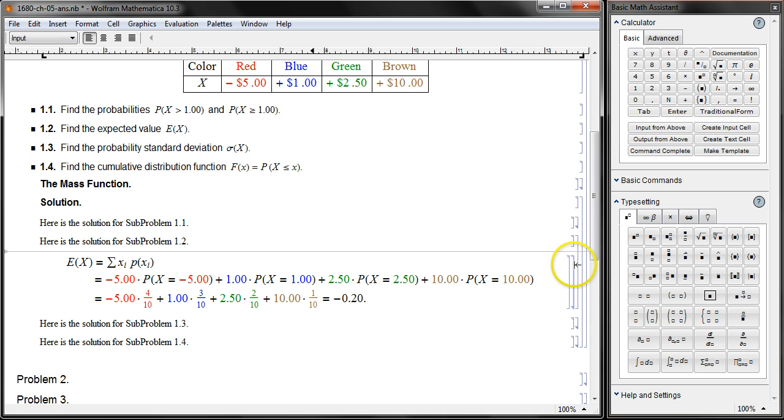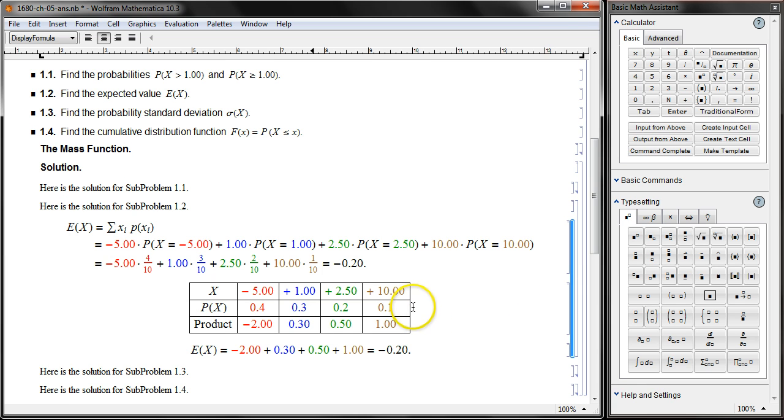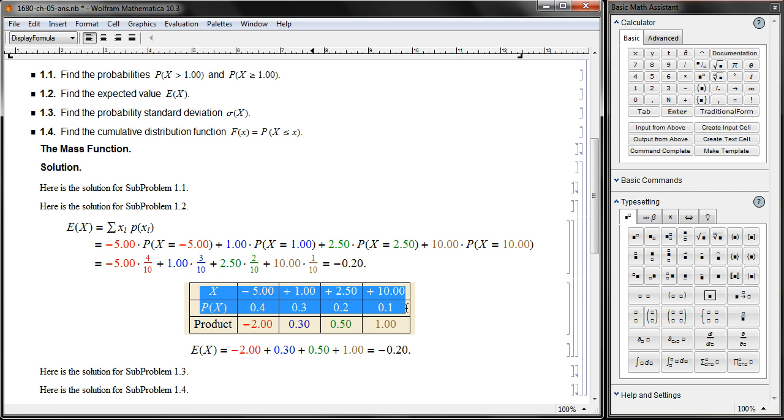Now, a lot of students prefer an algorithmic approach like this. Here is the mass function, first 2 rows, x value and probabilities. And for each column, we just multiply. So we get that. We just multiply, so we get that. Just multiply, we get the product.